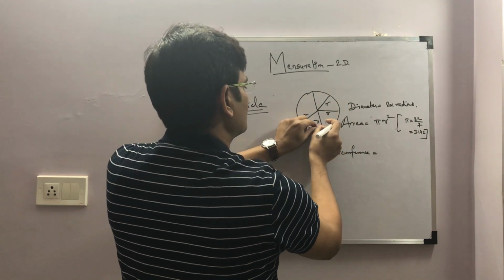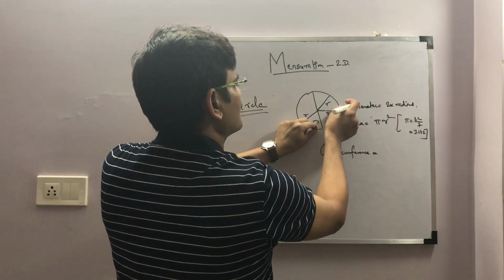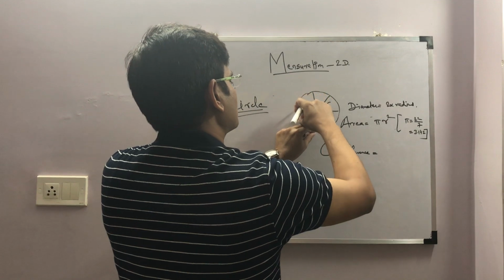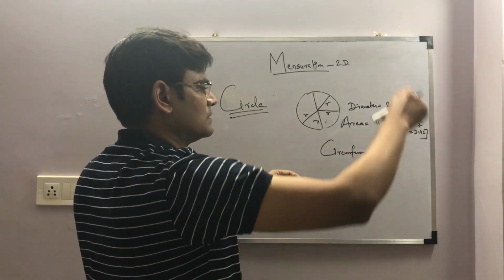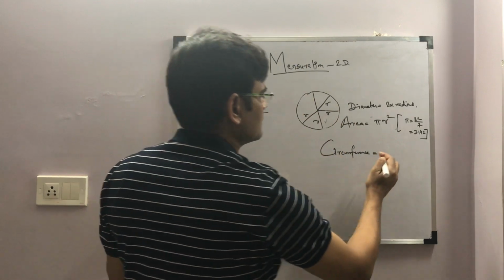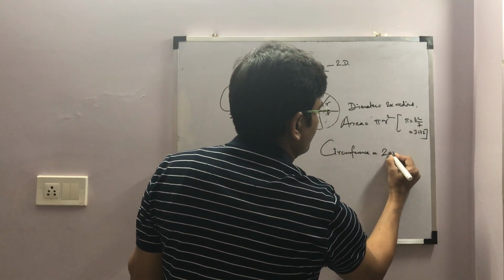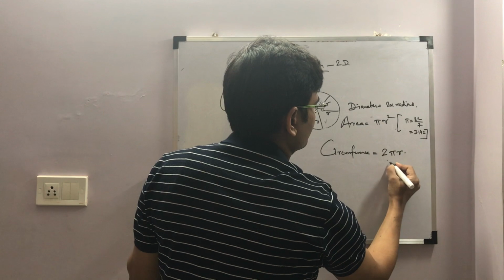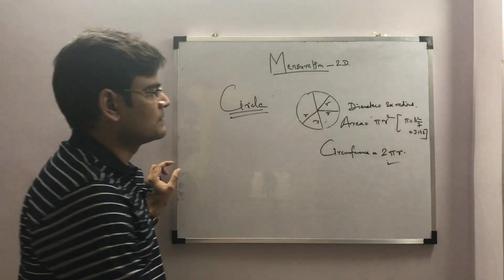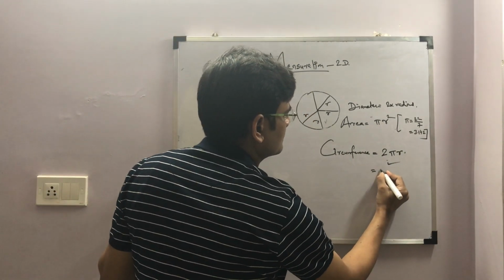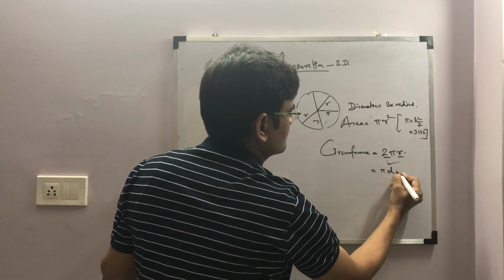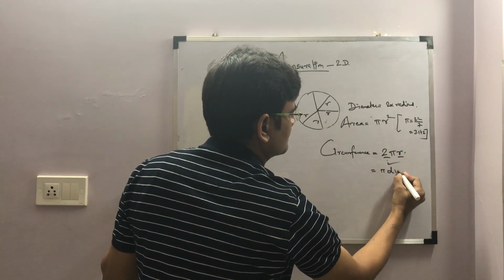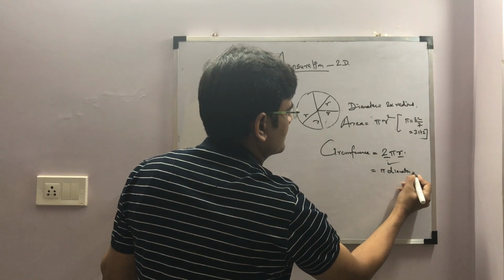If you want to cover it with a thread and you want to know how much length that thread is, that is circumference, the outer length, that is 2 pi r. And sometimes if you know 2r, that is diameter, pi into diameter, whatever.